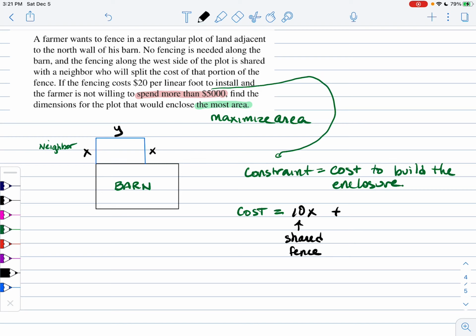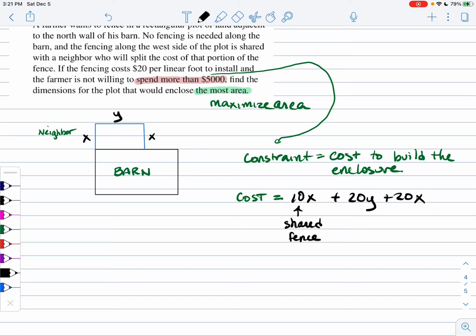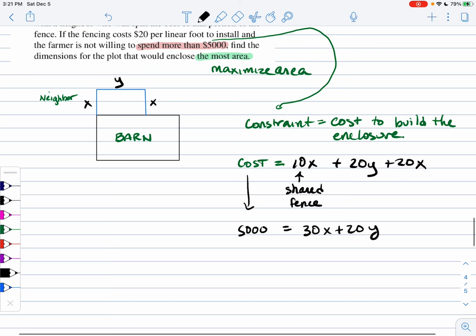Plus $20 per foot times y feet gives me how much money that side will cost. And then again, my own other side, I have to pay $20 per foot as well. I know that the cost can't be more than $5,000. So if I collect like terms, I would get 30x plus 20y. Good. So that's my constraint.